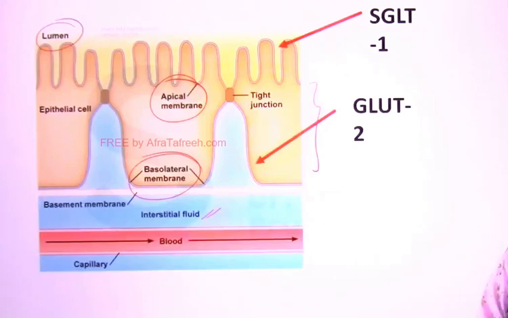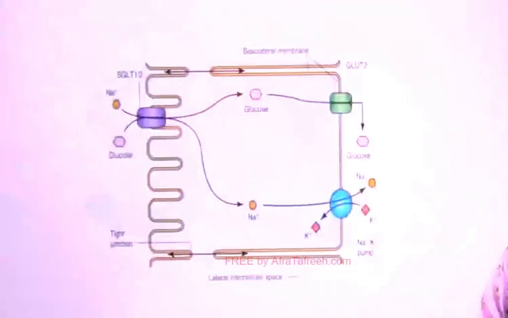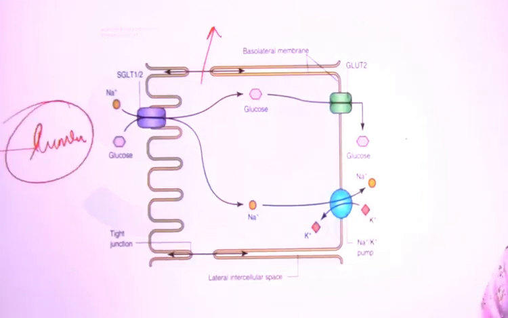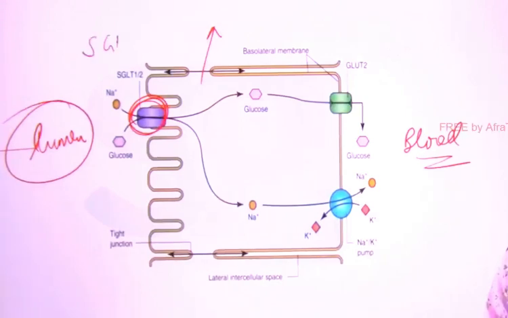Now, in kidneys also, both kinds of transports are present. So see this diagram. This is the renal cell, and this is the luminal side, and this is the interstitial fluid or blood side. Here SGLT is present, which can be SGLT1 and 2. 1 and 2 both are present in kidney.